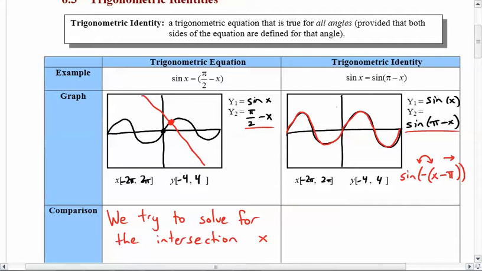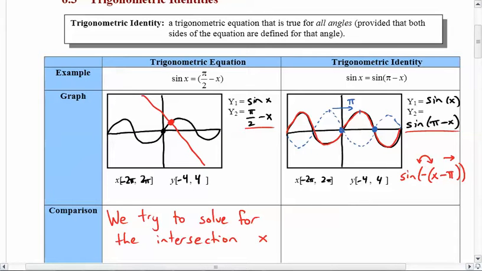So if I reflected this graph, it would look like this. And then if I moved it pi units to the right, it would line up again with itself, because there's pi between two maximums. Okay, the distance from this point to this point is pi.